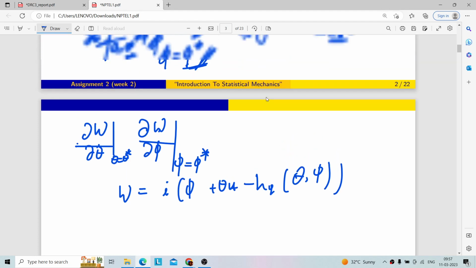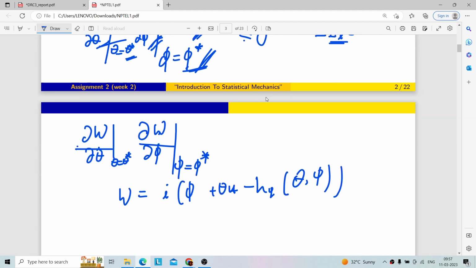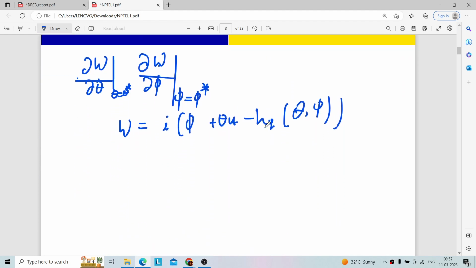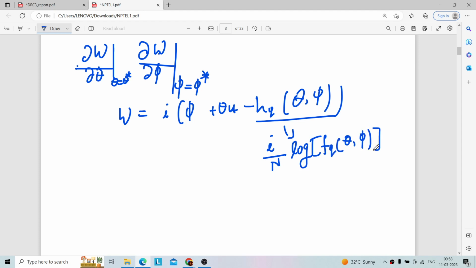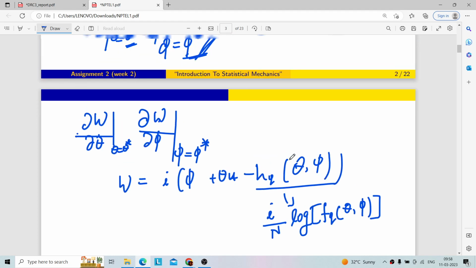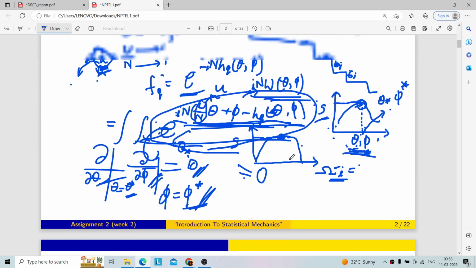And this hq, as you might be remembering from the class, this hq was I over n log of fq theta phi, or you can check from here.